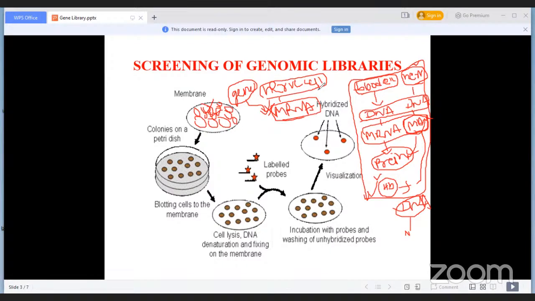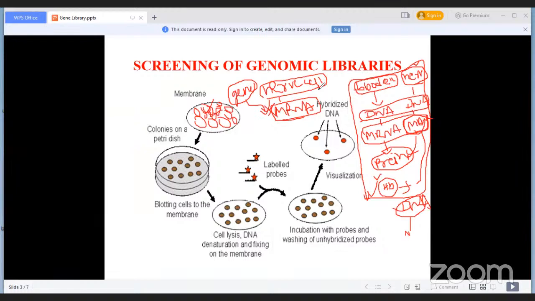For example, if they give a long question, write about genomic libraries. First, you have to start with a definition. Whether they ask or not, you should start with a definition, a brief introduction about it. Next, in genomic library, two methods: one is construction, another one is screening.